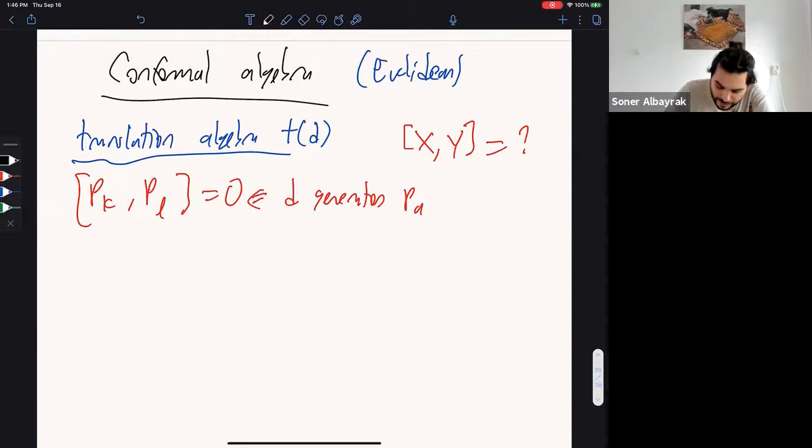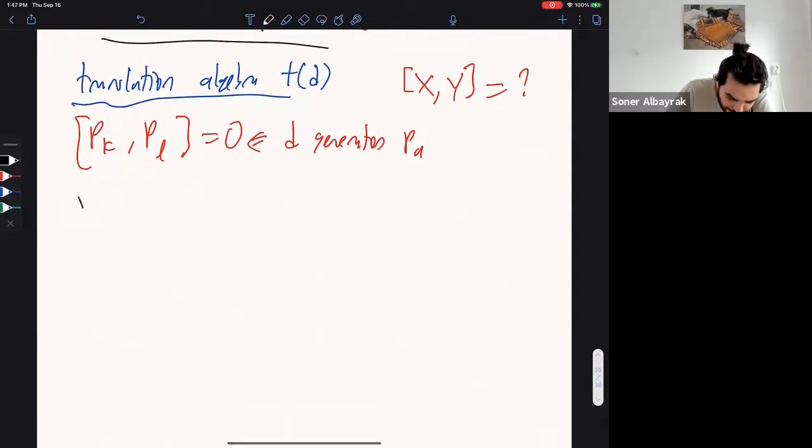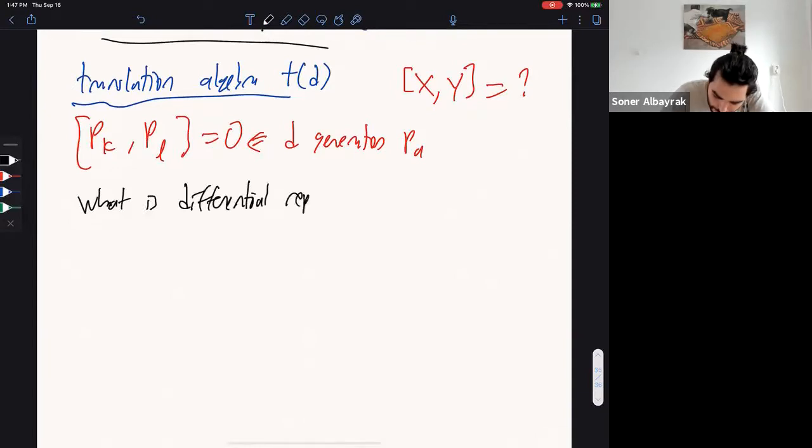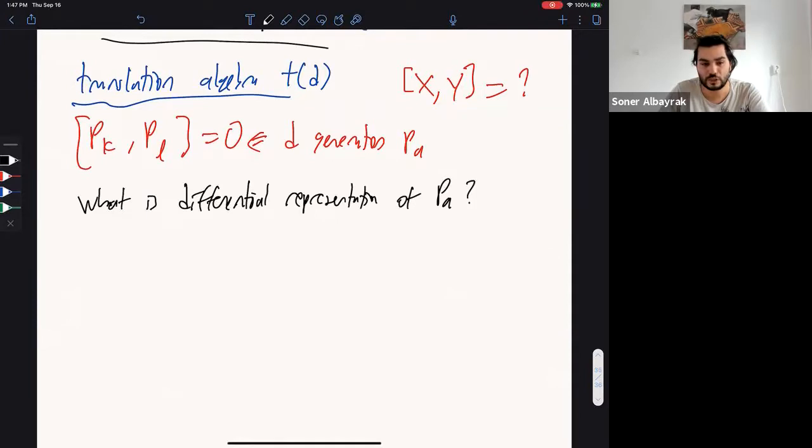So we can say what is the differential representation of PI, right? The algebra element that generates translation.